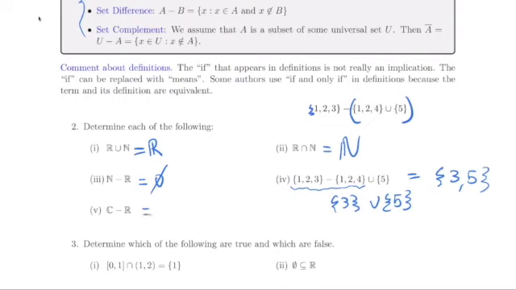And then if we take the complex numbers and subtract out the real numbers, anyone know what we would get for this one? Yeah, we're going to get imaginary numbers, which are not in the real numbers. That's right.